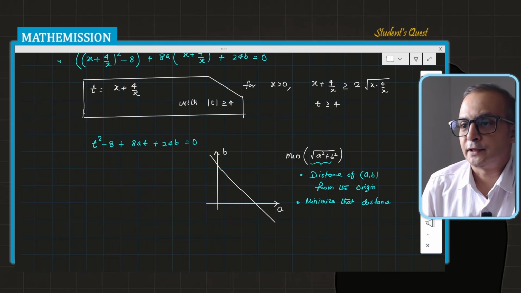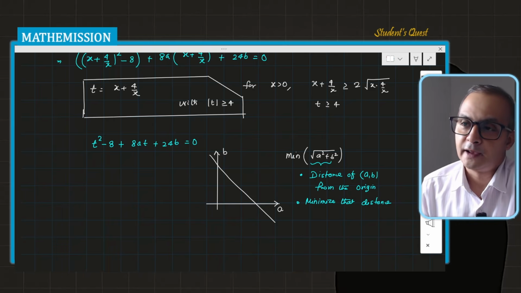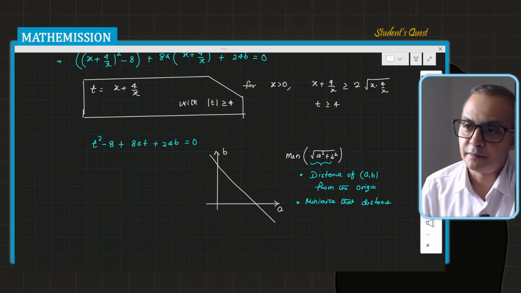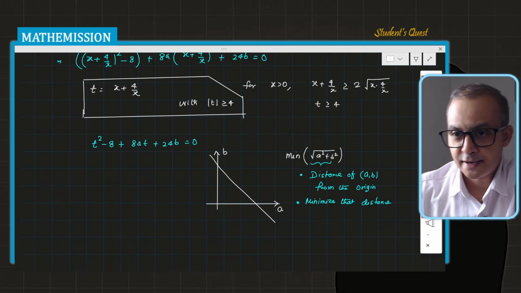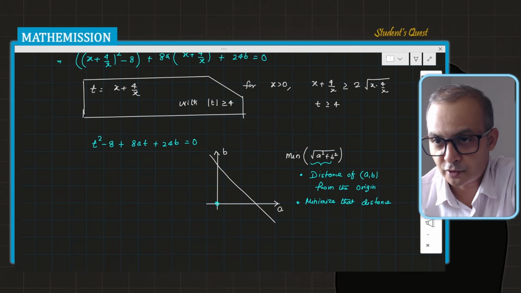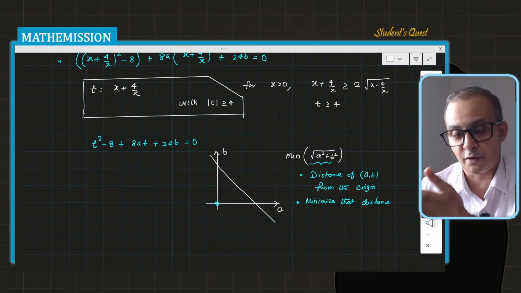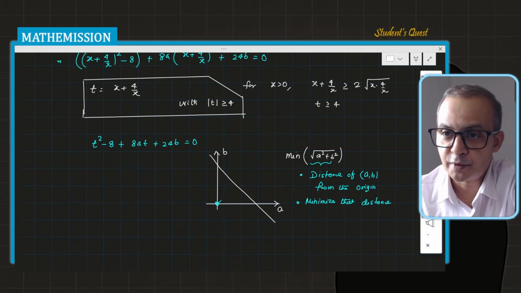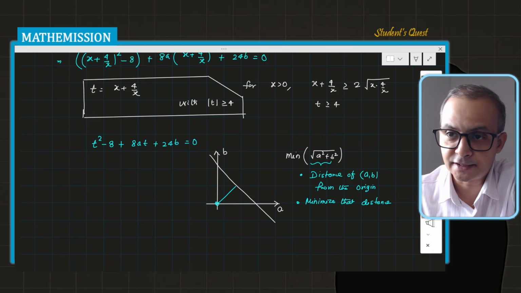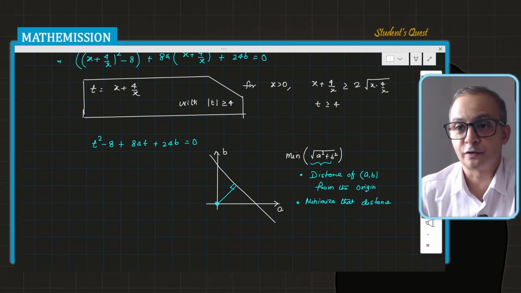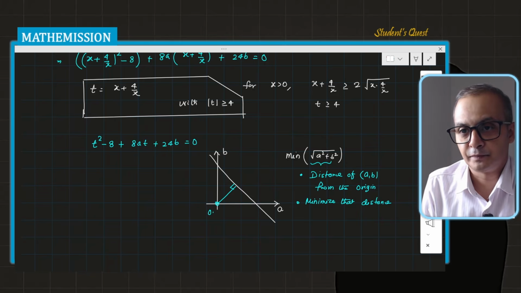We want the distance of (a, b) from the origin to be minimum. It means our intention is to locate that point on this line which gives the minimum distance. That distance is nothing but the perpendicular distance of this line from the origin.